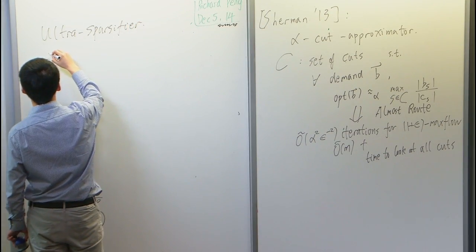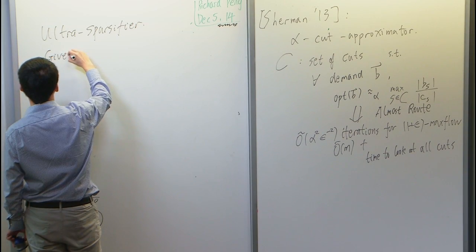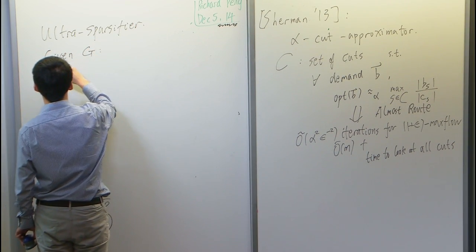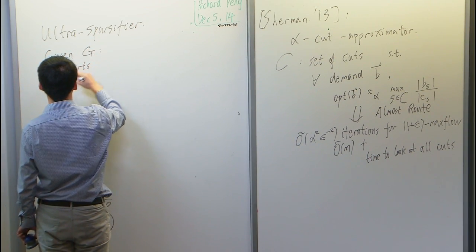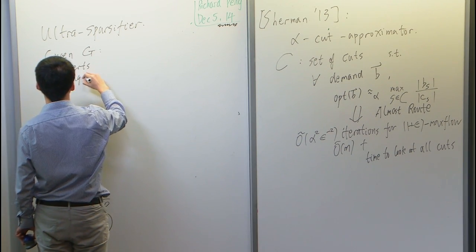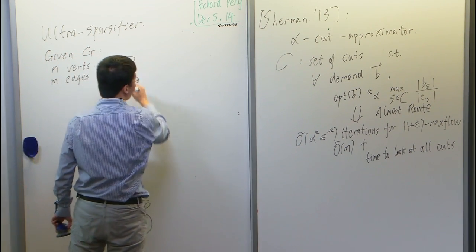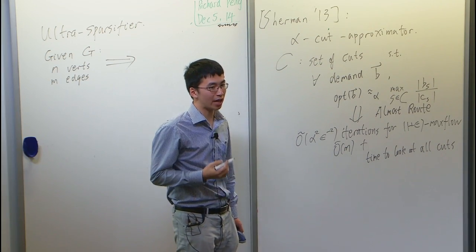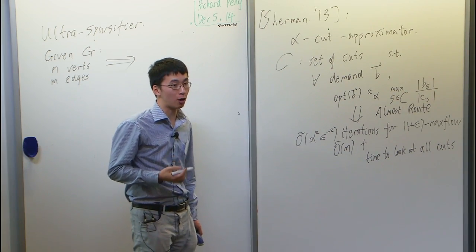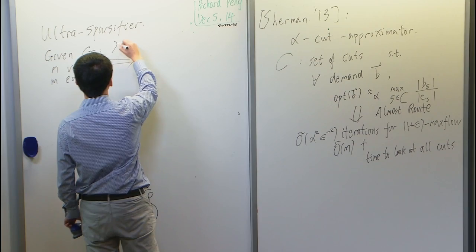Suppose I have a graph G with n vertices and m edges, and I can pick any parameter kappa, which is basically the error of my approximation.